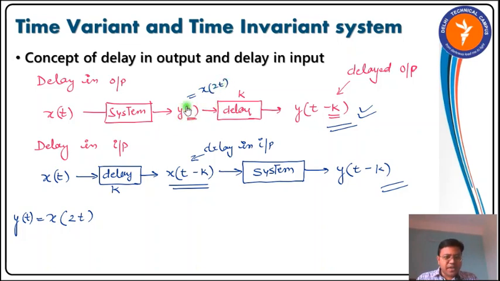Now if I am inserting a delay in the output by the factor k, then y of t minus k will be equal to the delay in this signal, but the time here is 2t. So this will be equal to x of 2t minus k.